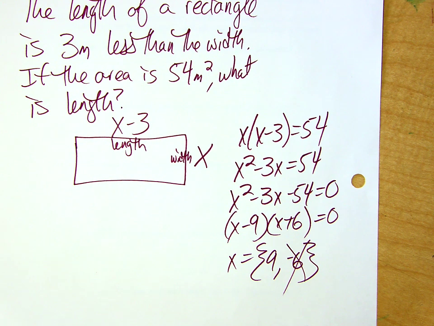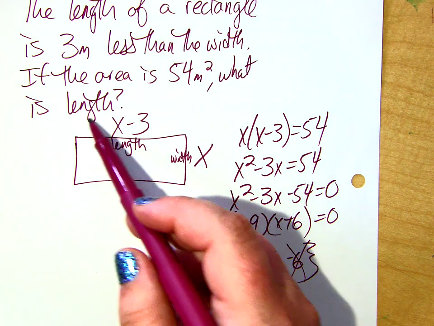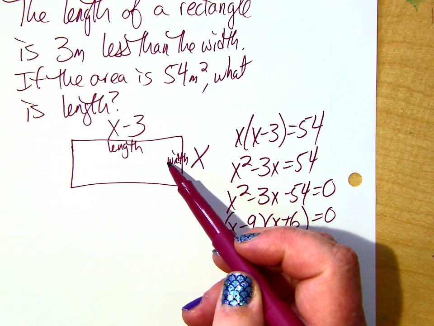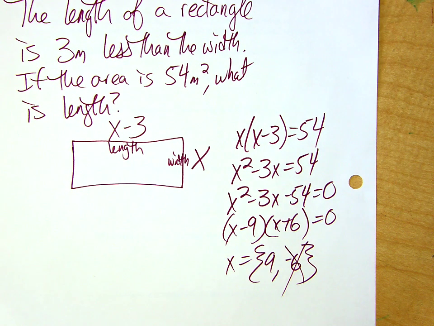They didn't ask you for the width, they asked you for the length. But I guarantee you, if it's multiple choice, which it is, they're going to have 9 as a choice. And you're going to think that you got that one right. That's why I'm telling you, it's so important to label it. Because after you do all this math, you don't remember what x was, if it was the length or the width.